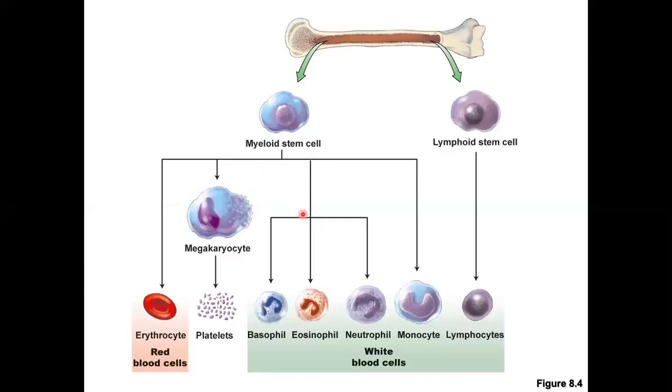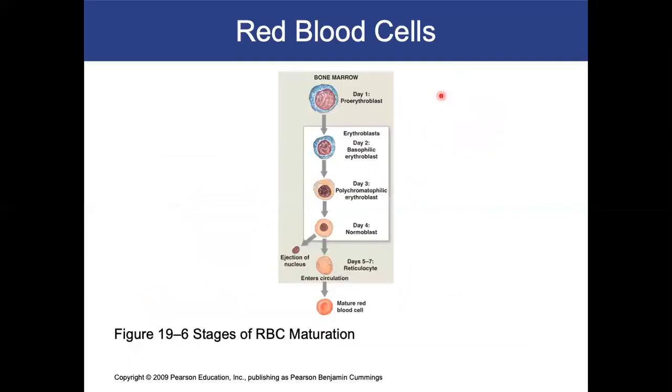It's going to give rise to your granulocyte, which is then going to give rise to your neutrophils, eosinophils, and basophils. Also, it's going to give rise to your monocytes. These guys are your white blood cells, platelets, and red blood cells. So these stem cells give rise to all of your blood cells, or your formed elements.